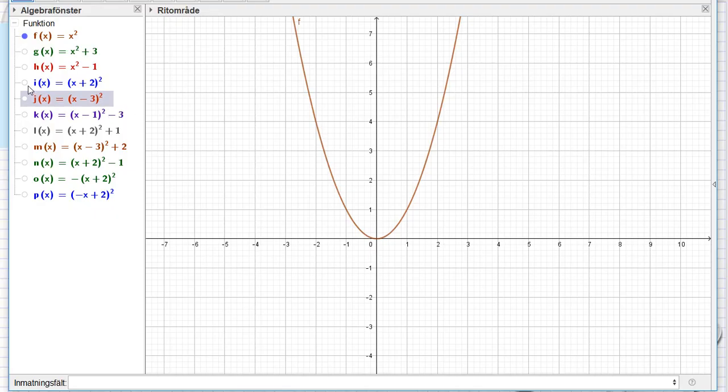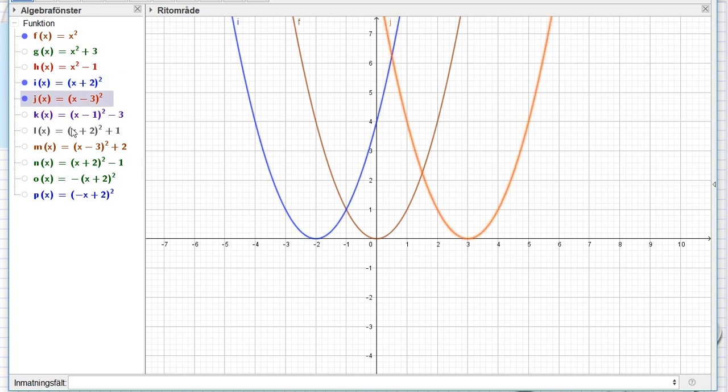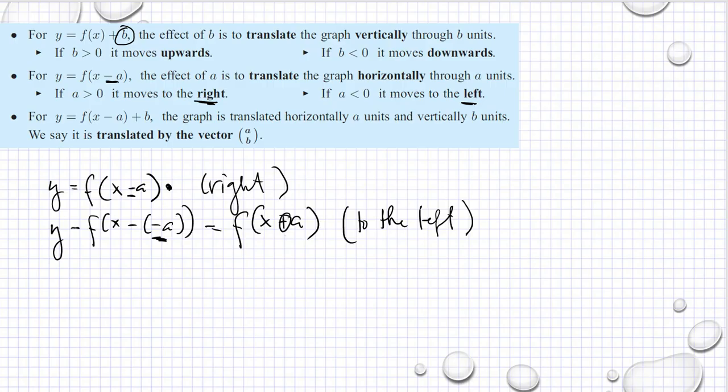X plus 2 means to the left, and x minus 3 means to the right. Let's see the explanation one more time. If we have x minus a, that is right. X plus a, that is left.